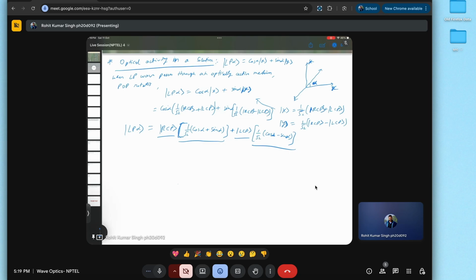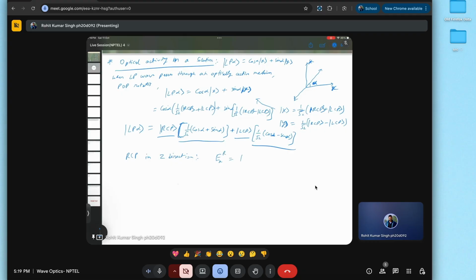So now we go back to our wave notation. Let's have a right circularly polarized wave moving in z direction. How do we write it? So this R is the notation for right circularly polarized.